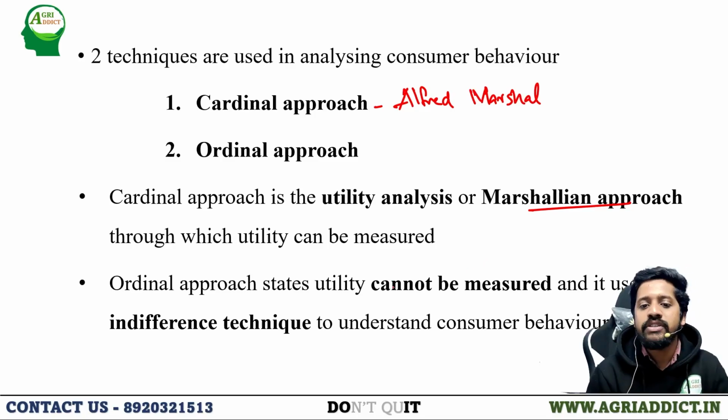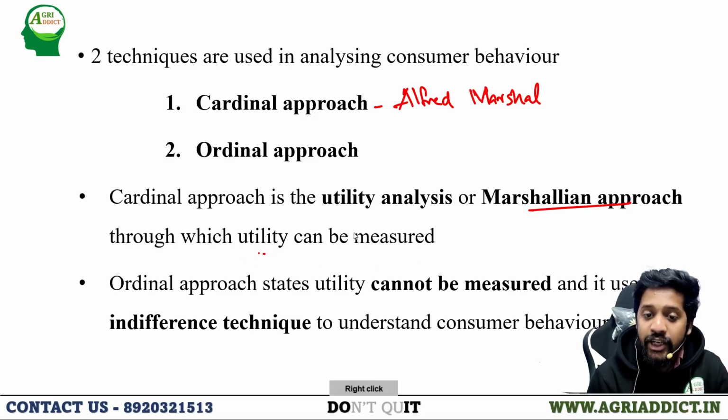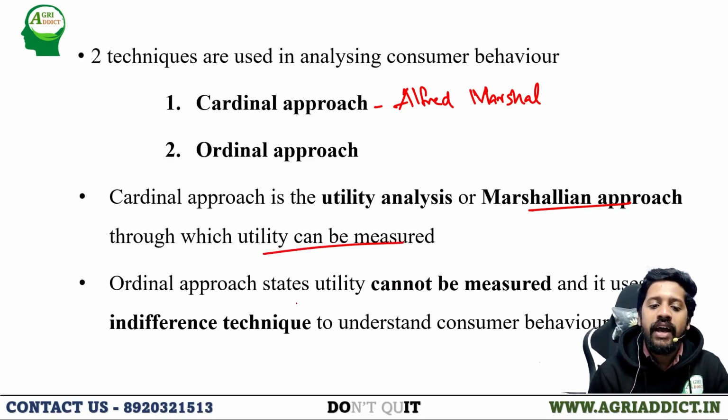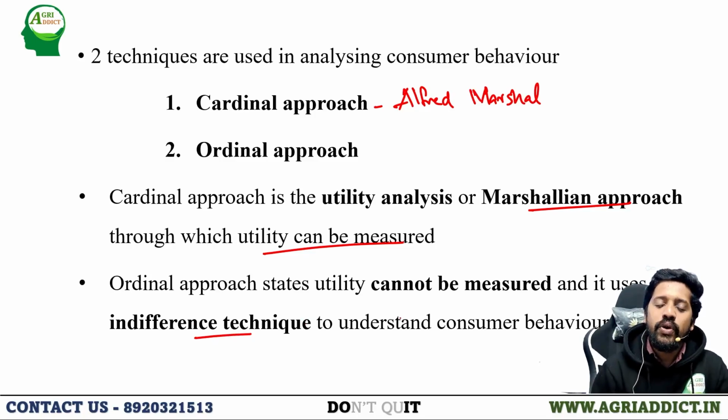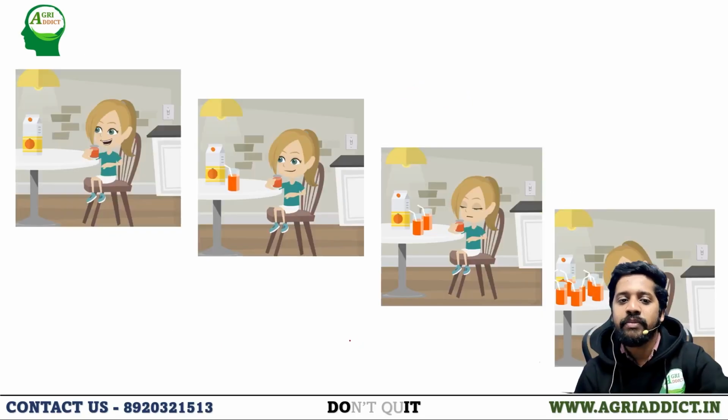So cardinal approach is the utility analysis, or it is also known as the Marshallian approach, through which utility can be measured. While in ordinal approach, utility cannot be measured and it uses the indifference techniques. So we will be dealing with the ordinal approach later. We are going in depth into the cardinal approach today to understand the consumer behavior.